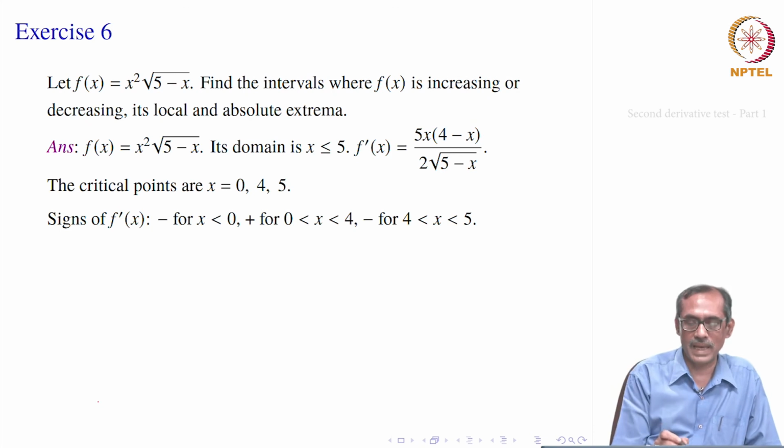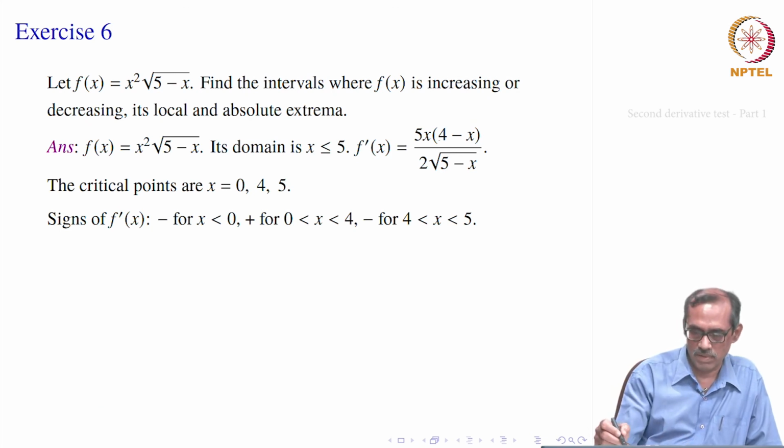Now, if you look at the signs of f prime of x, instead of taking f double prime, which will be a bit complicated here, we go for the sign change in f prime. We find that it is negative for x less than 0. We have the 4 intervals now: minus infinity to 0, 0 to 4, 4 to 5, and then 5 to infinity.